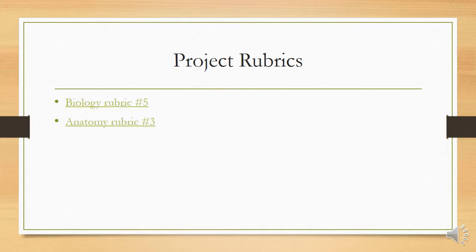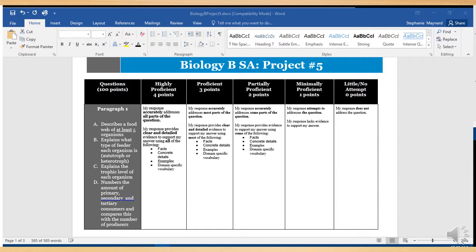All right, project rubrics. We're going to look at biology rubric 5 and anatomy rubric 3. Sorry, botany people, I'll update this with your materials too, but they're all basically the same. Biology project number 5 was about food webs. They'd been studying that portion. This is like a 3-paragraph essay, I believe. Paragraph 1 wants you to describe a food web of at least 5 organisms.